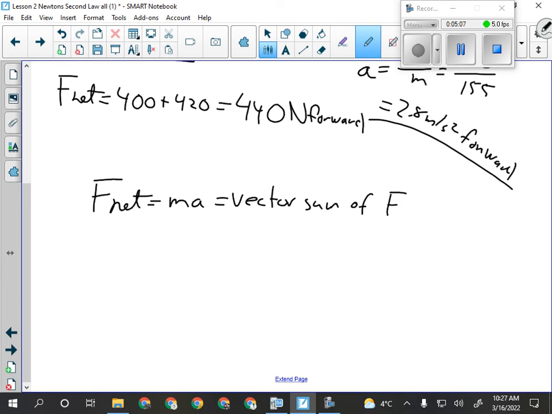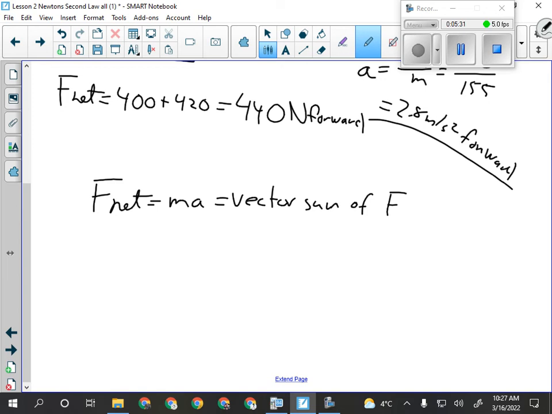Do we have to use both there? We're going to have to use both on most of the problems that we do, with the exception of the super easy ones that we already did, and we'll probably never see one like that again. They're always going to have to do some sort of vector sum and then go to F net equals m times a. Or they give you mass and acceleration, 2 out of 3 forces, and ask, what's the other force?